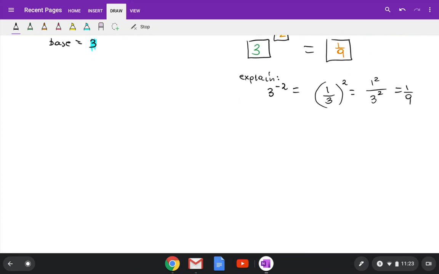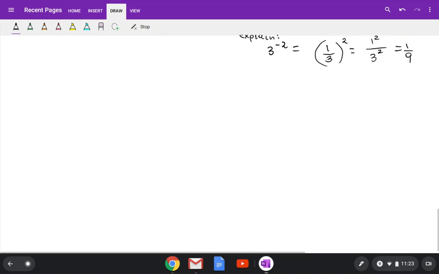Okay, let's do 26. I want to talk about 26 because it's a little different, from the same page. In 26, you have natural log of x equals 4.